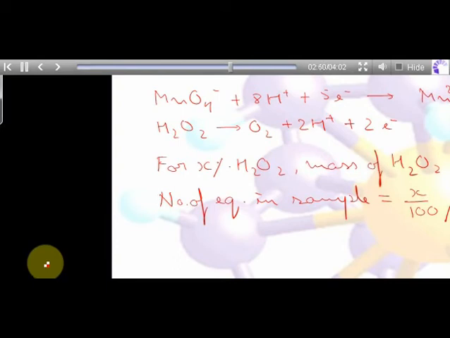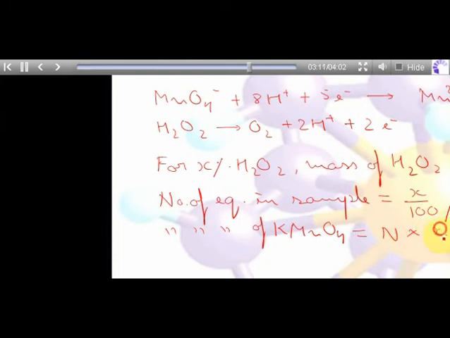Now assuming that the normality of potassium permanganate solution be N, we can write that the number of equivalents of potassium permanganate in the sample will be equal to its normality into volume, that is N into X upon 1000 equivalents.